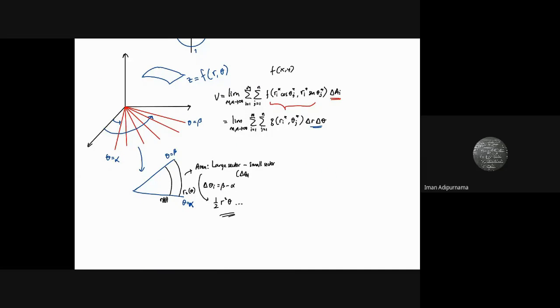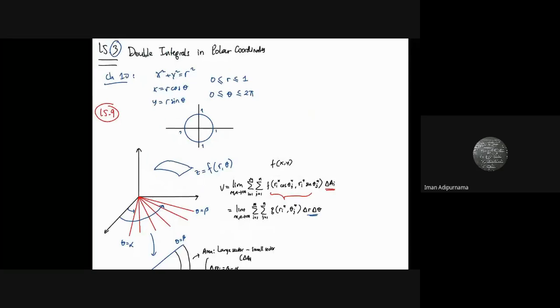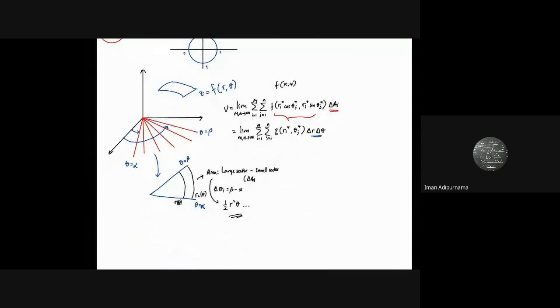So we stop here at 15.3, double integrals in polar coordinates. Okay, so see you on Wednesday, and because today we don't have a quiz, we will have the quiz on Wednesday, and the topic is chapter 14.